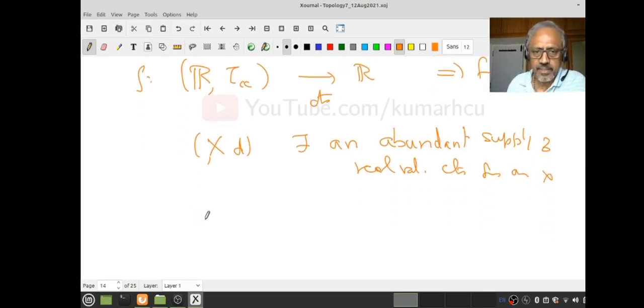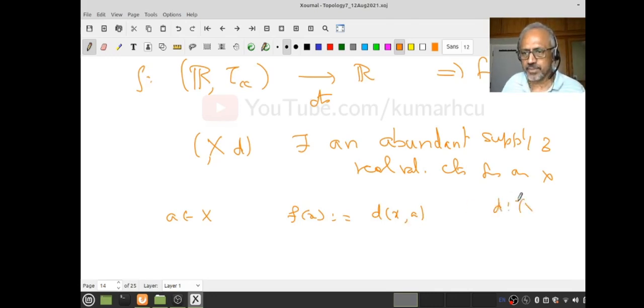Why? You fix a point a in X, right? Let us look at f of x equal to the distance between x and a. You see that distance is already a real valued function of two variables, X cross X. So what I do is freeze the second variable, and therefore it becomes a function of one variable.